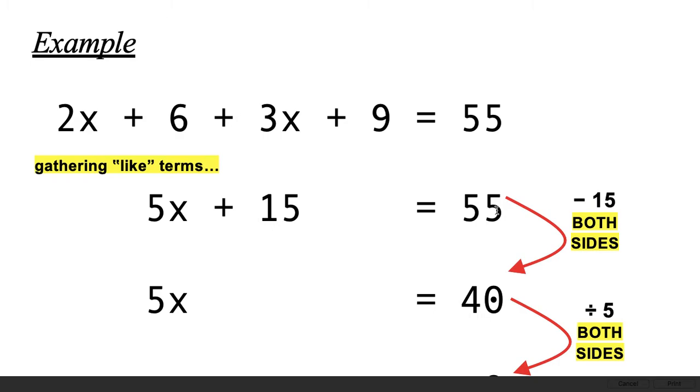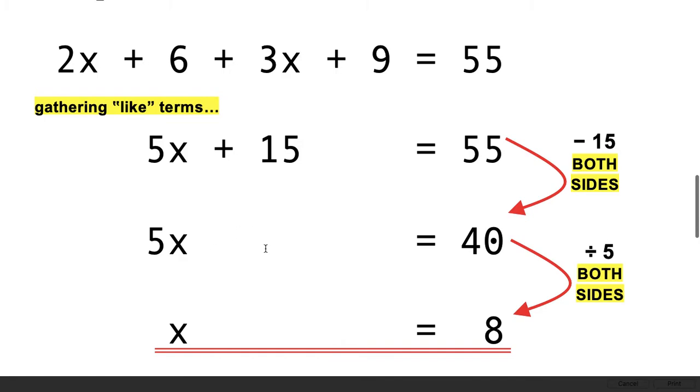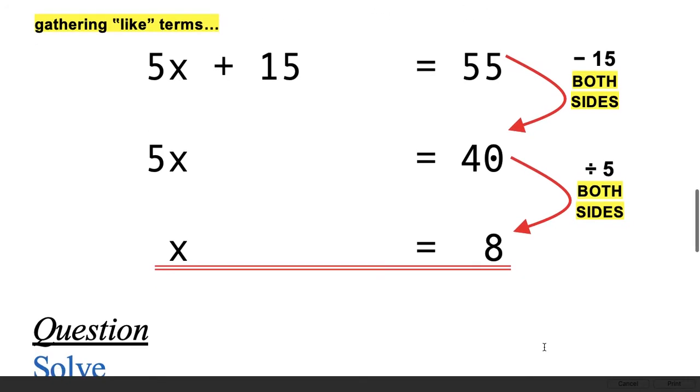So that simplifies it a bit. Take away 15 from both sides to get the x bit on its own, giving you 5x equals 40. And then you don't want to know what 5x's are, you want to know what a single x is on its own, so divide everything by 5 to get x equal to 8. x equals 8 is the solution.